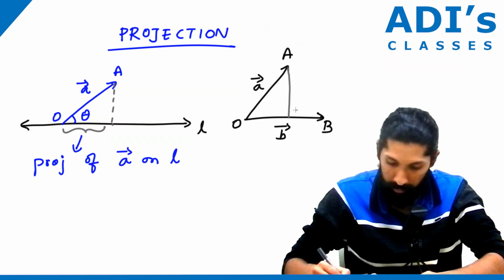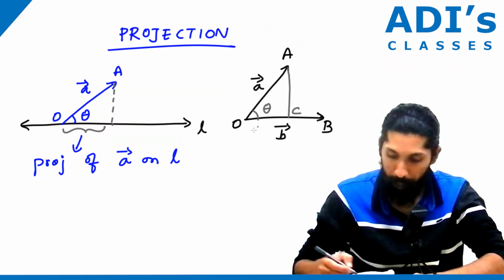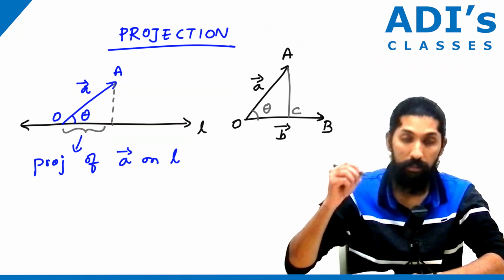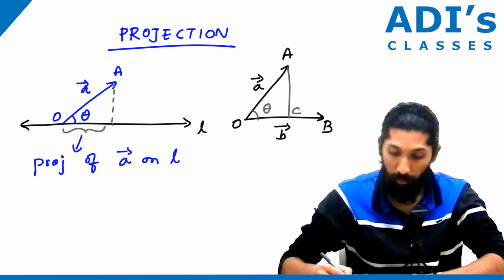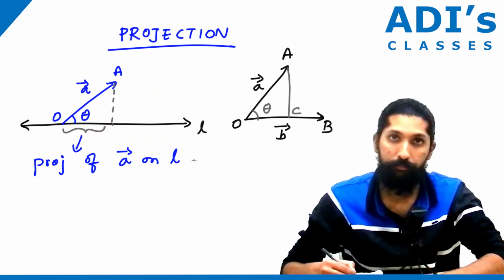Say this point is C. Assume this angle is theta. Now the projection of vector A on vector B is nothing but OC, correct?